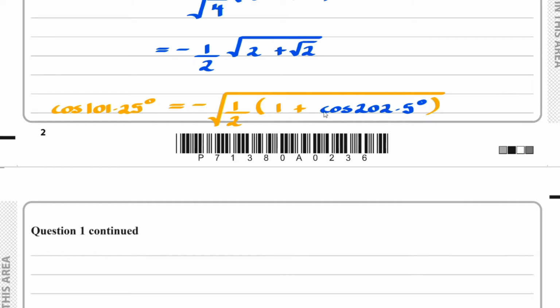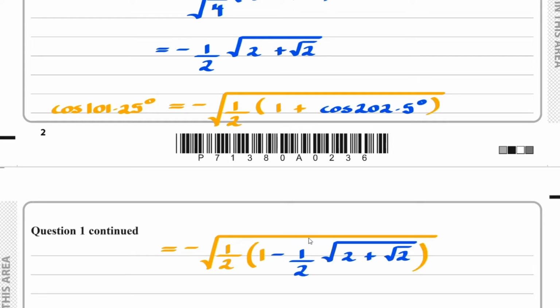And you already know what the cosine of 202.5 degrees is. That's negative 1/2 multiplied by the square root of 2 plus root 2. So we have negative the square root of 1/2 multiplied by 1 subtract 1/2 multiplied by the square root of 2 plus root 2.